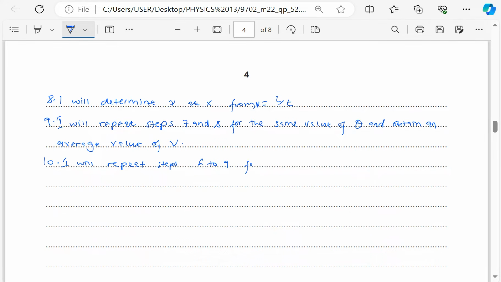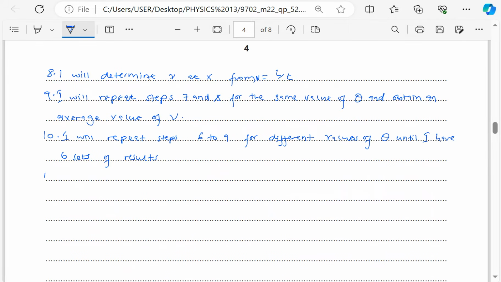This time it is going to be for different values of theta until I have 6 sets of results. So until I have 6 sets of theta and 6 sets of V, then I'm good enough to go.